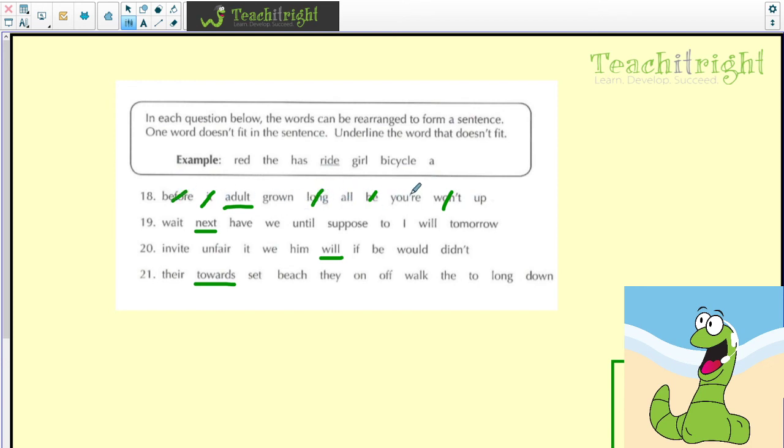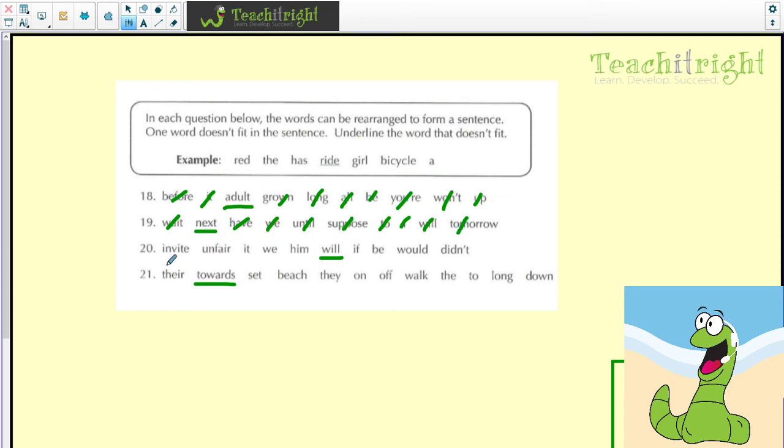So adult was the word we didn't need there. And then 19, I suppose we will have to wait until tomorrow. So next was the word we didn't need there.